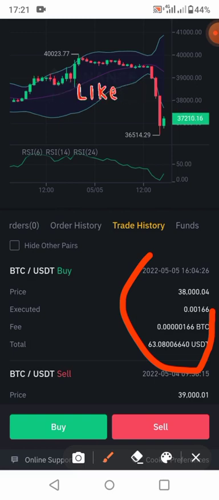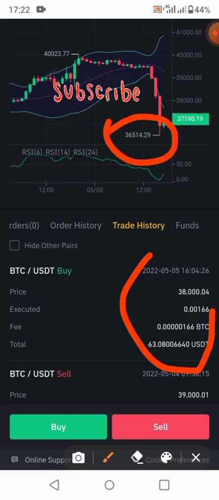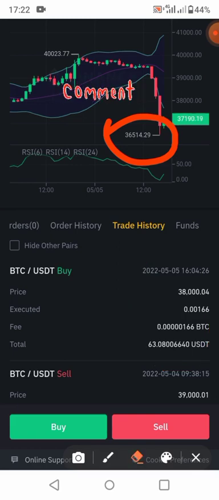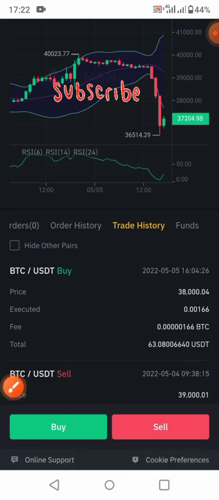I set a stop limit order, telling the system that if Bitcoin gets to $38,000, please buy for me. And you can see that from that time till now, Bitcoin got to 36,514 US dollars. So this is amazing. The order I set bought for me.